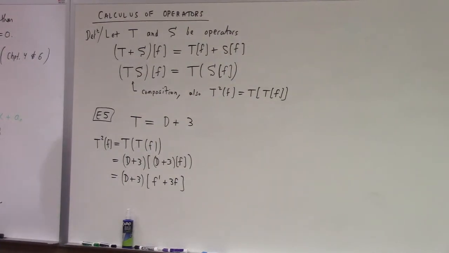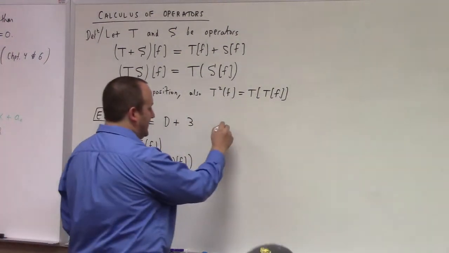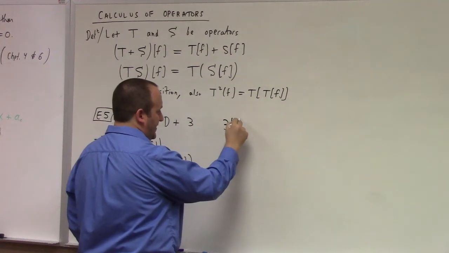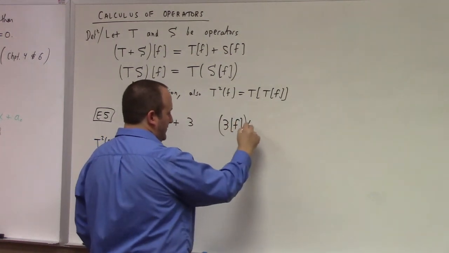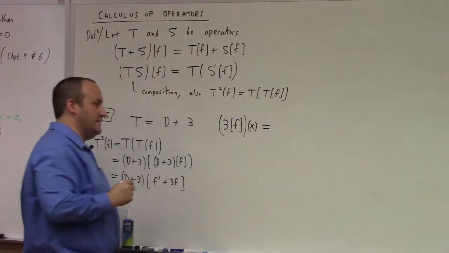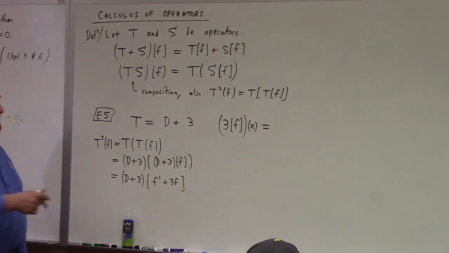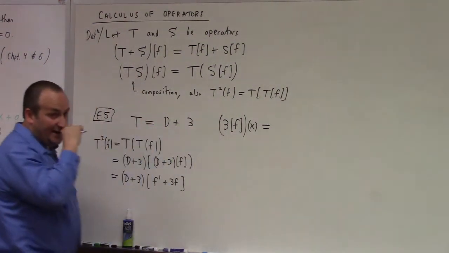I guess I should be clear. How's the 3 operator defined? 3 is an operator, and it acts on F at the point X. How? You're like, yay, another level of notation. Well, this is a function, right? 3 acting on F is a function.